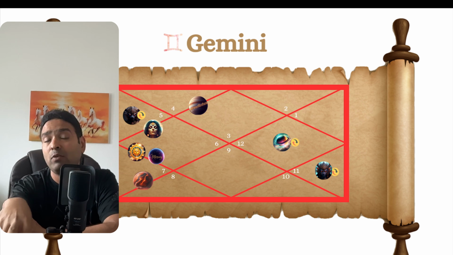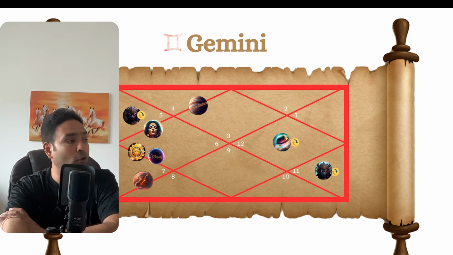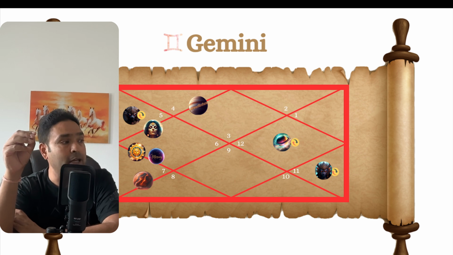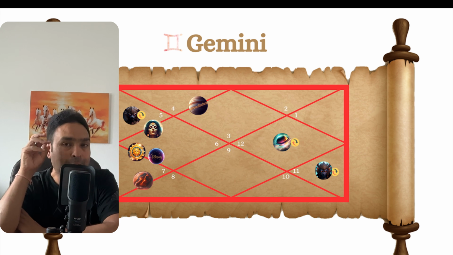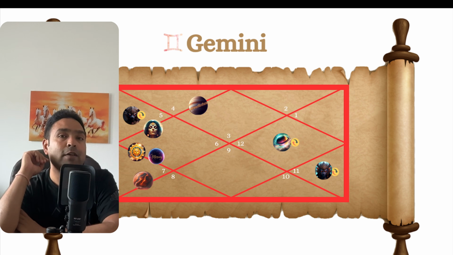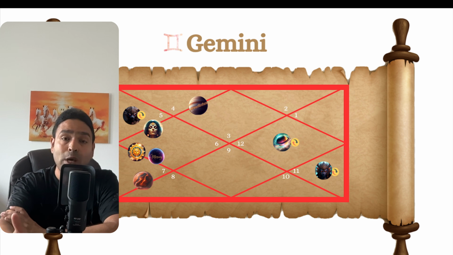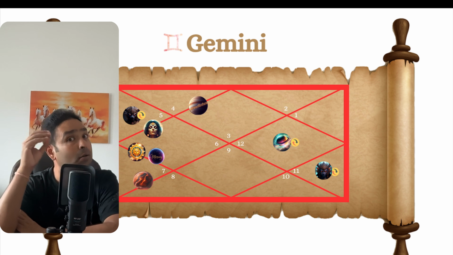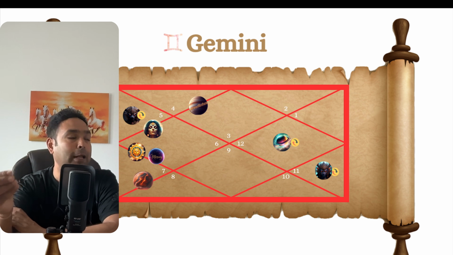So this is where I would want you to be extremely careful. But the positive bit is that both of these planets, though they are not in a friendly relationship, they are collectively giving an aspect to the 11th. So a lot of plans that you've set forth for yourself, you will be able to furnish them with your own hard work, with your own intellect, creative thinking, and planning.